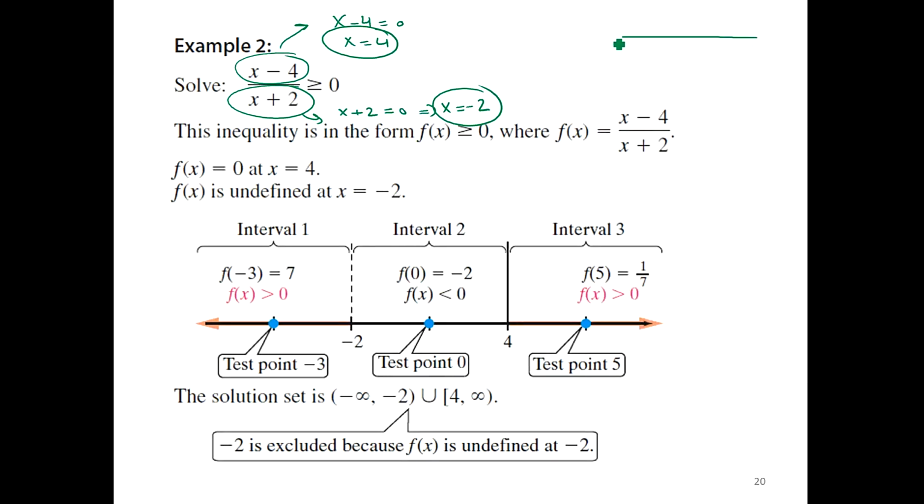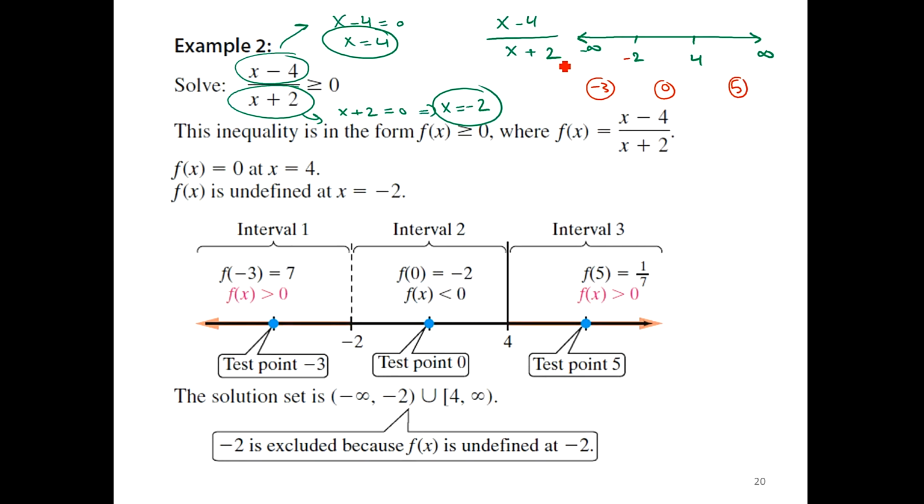Put it on the real line to find the sign of this fraction. We have negative 2 and 4, and infinity and negative infinity. Okay. Now choose a value from each region. We can choose negative 3, 0, and for example 5.